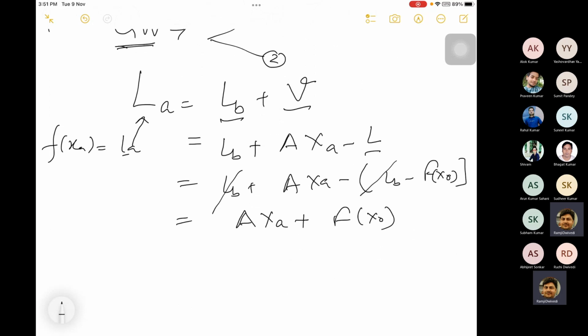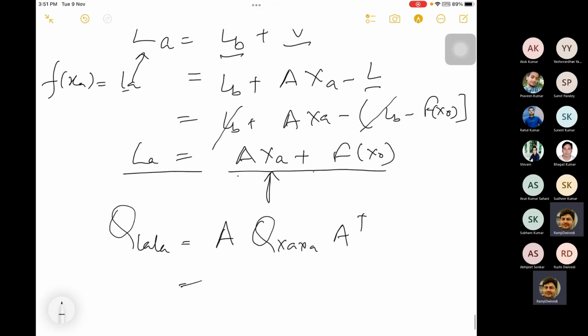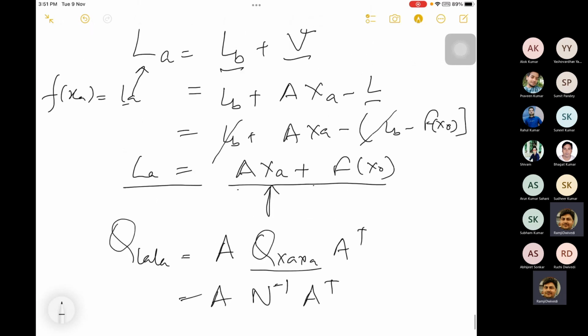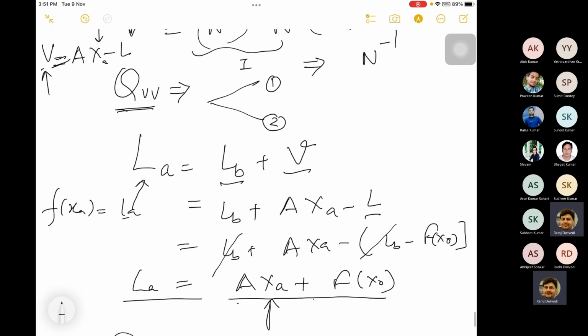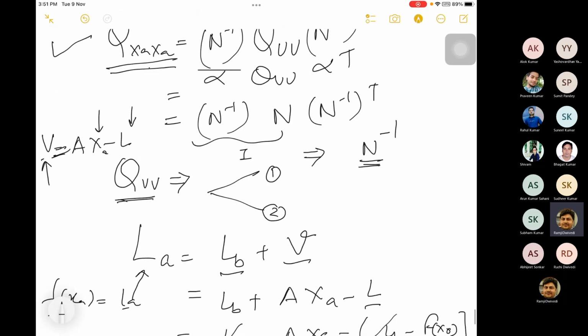Okay. So now LA is a function of AXA plus FX naught, where variability is only with XA. So QLALA is A QXA A transpose. That would become A N inverse A transpose, because QXA we just identified as N inverse.